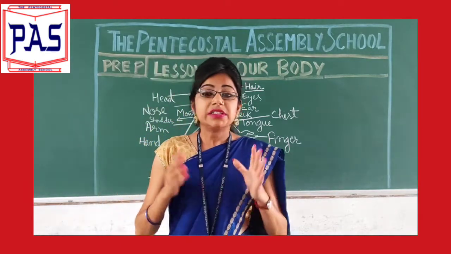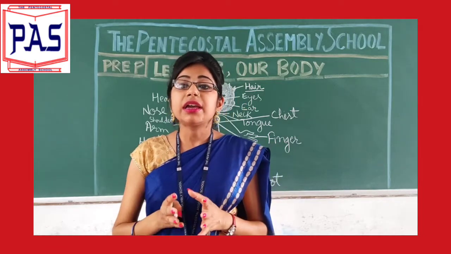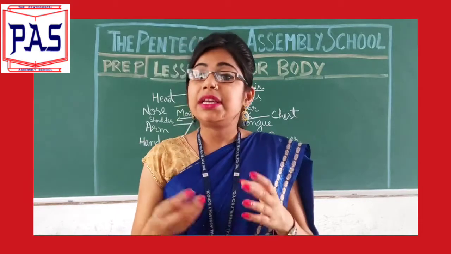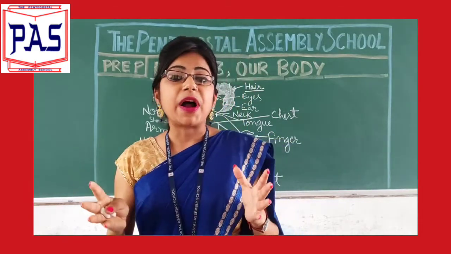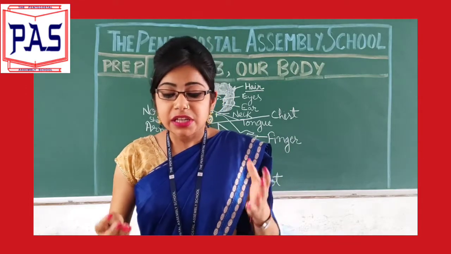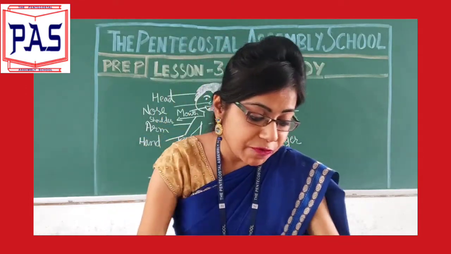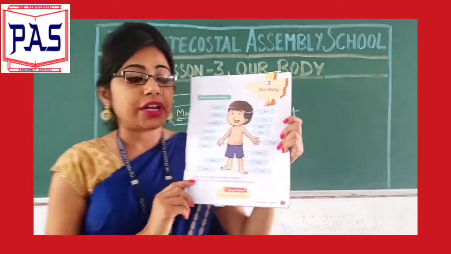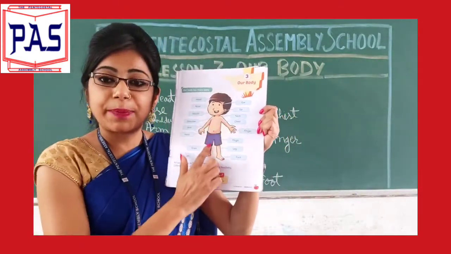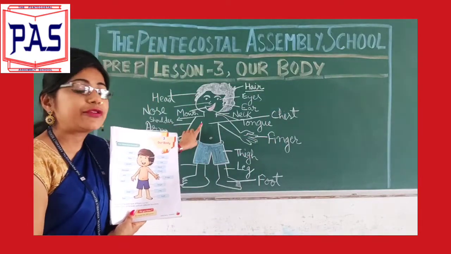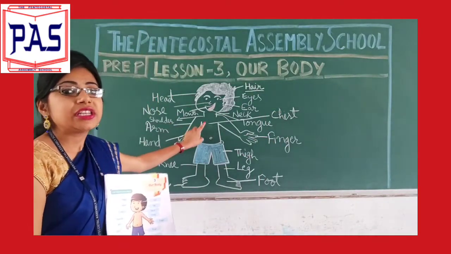We have 10 toes like our fingers. So these are different parts of our body which perform various functions. Here you can see, children, in your book that there is a picture similar to this picture that I have drawn for you on this board.